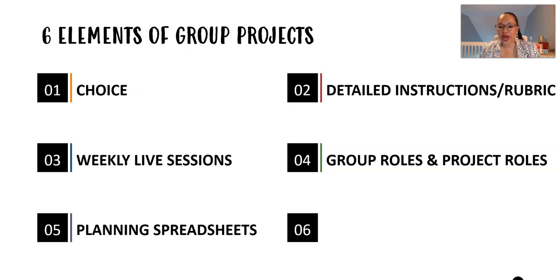Next, you're going to want to have planning spreadsheets. Your students need physical documents that help them see and plan what they're supposed to do. Now, you can have your students use sites like Trello for this, but I suggest that they have a written document.